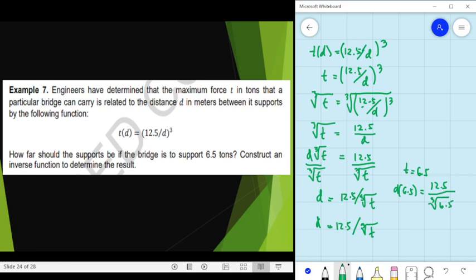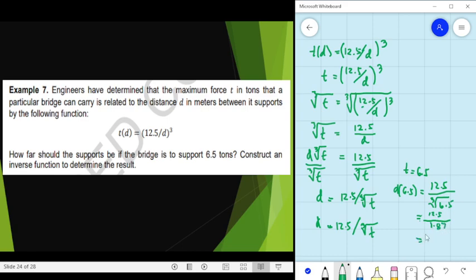Okay, if we are going to get the cube root of 6.5, that would be approximately 1.87. 12.5 over the cube root of 6.5 is equal to 1.87 approximately.